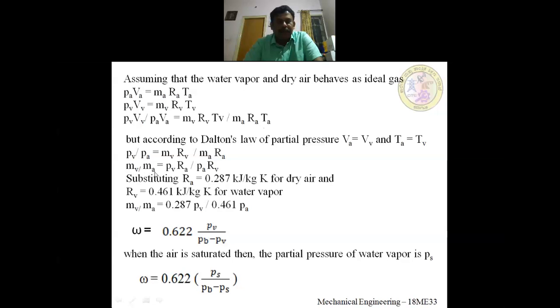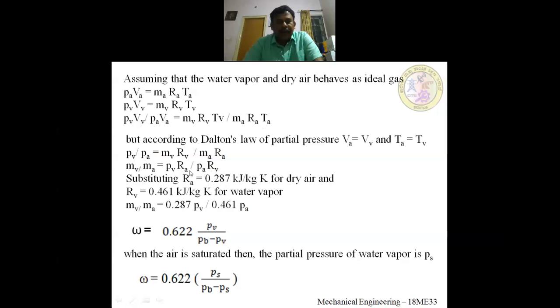That will be mV by mA. I have obtained the equation in terms of mass of water vapor by mass of dry air. So this mV by mA is equal to omega. Understood?